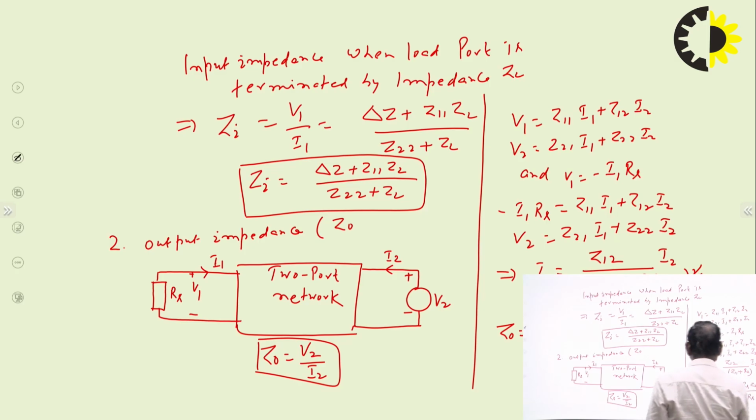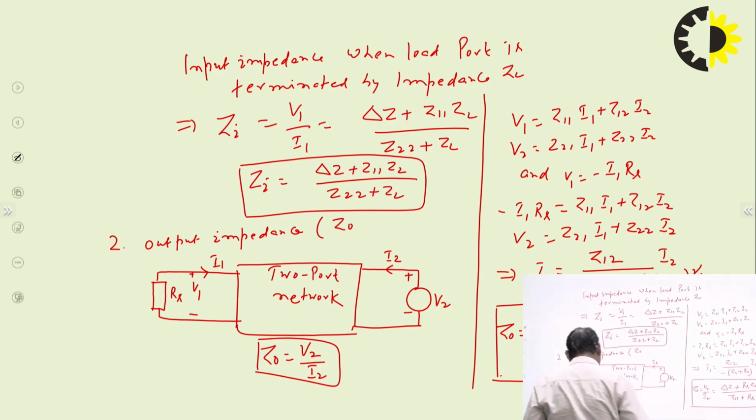So this is the output impedance when the input port is terminated by source impedance Rs. Now we can solve for the Vs, so we can go for the voltage gain.